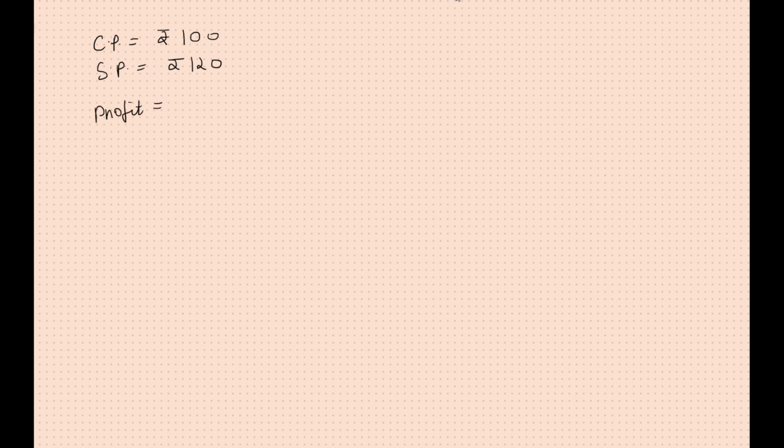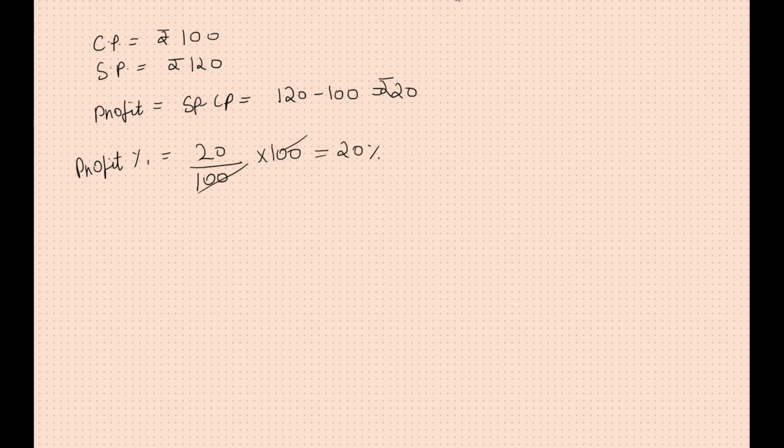That will be SP minus CP. So 120 minus 100 will be equal to 20 rupees. Profit equals selling price minus cost price, and profit percent equals 20 upon 100 into 100. So we have 20%.